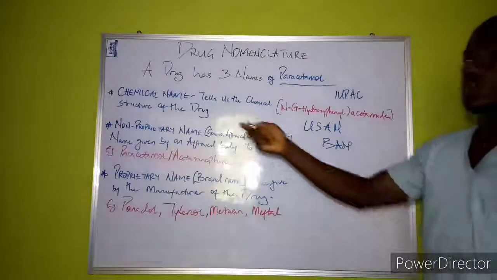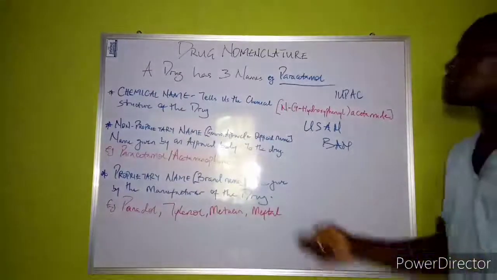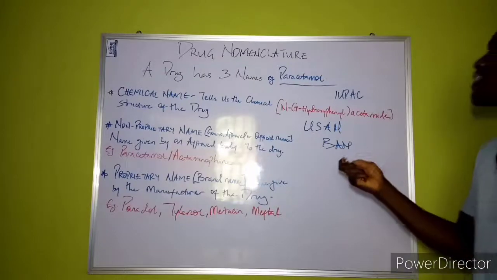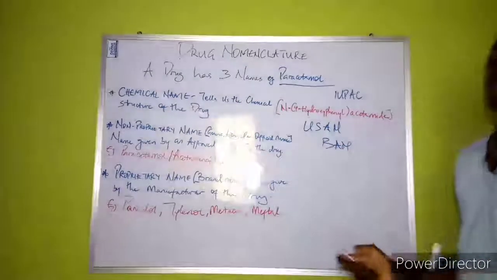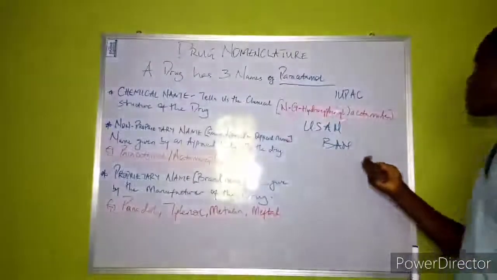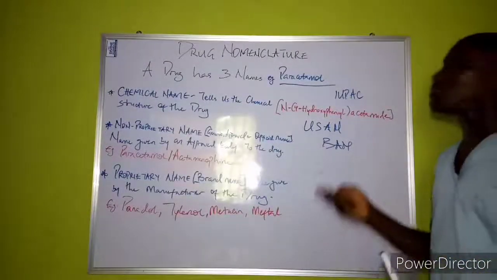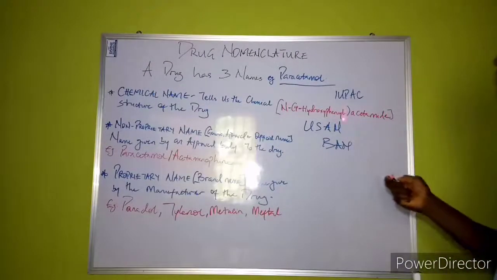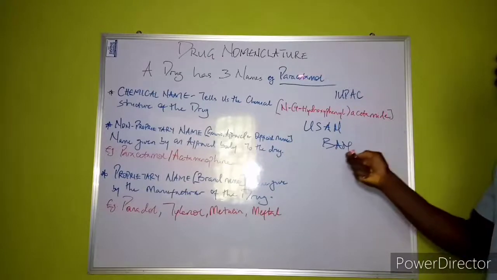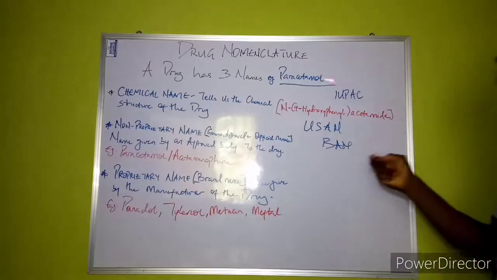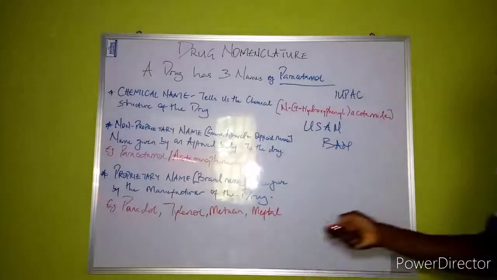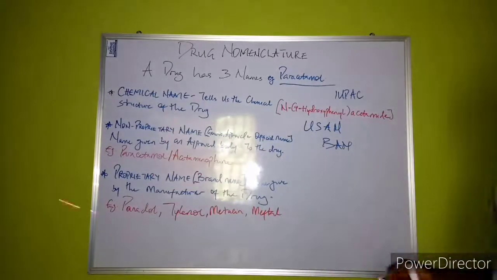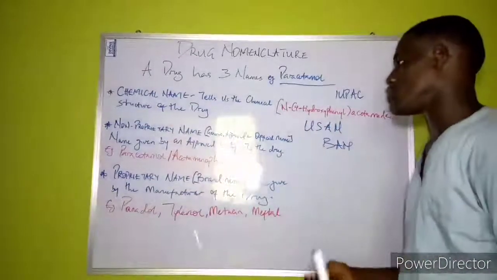For paracetamol, it is N-4-hydroxyphenyl acetamide, or N-4-hydroxyphenyl ethanamide, whichever one you can remember. The scientific names are written in red so that you can differentiate them from the other names of the drug.